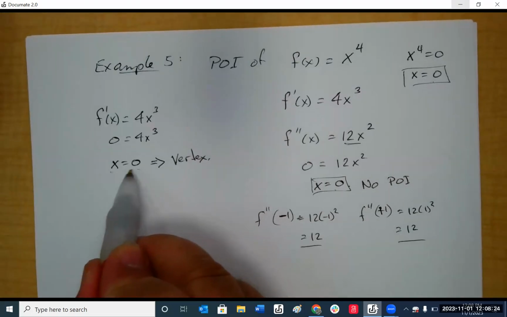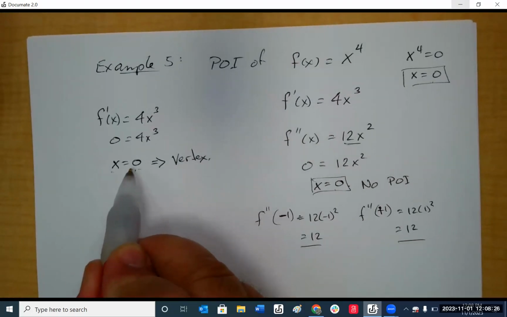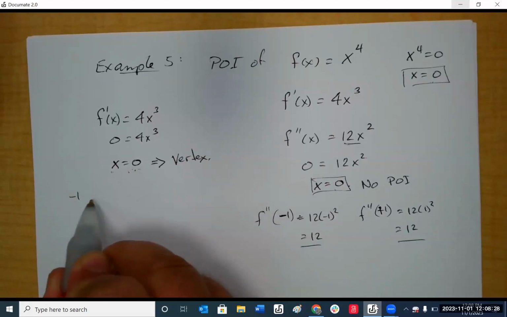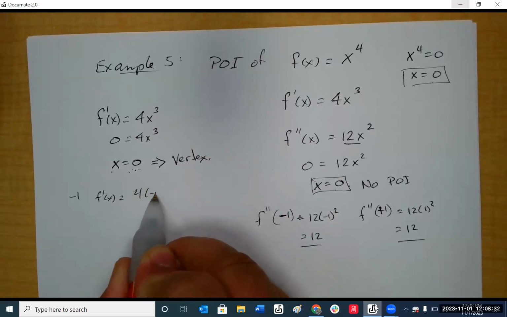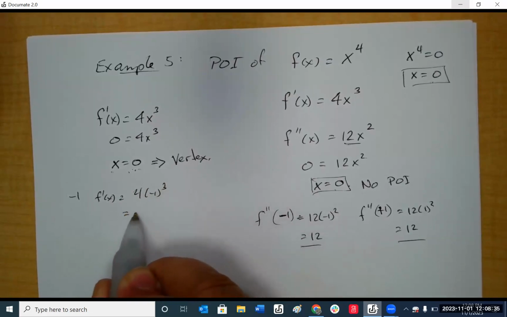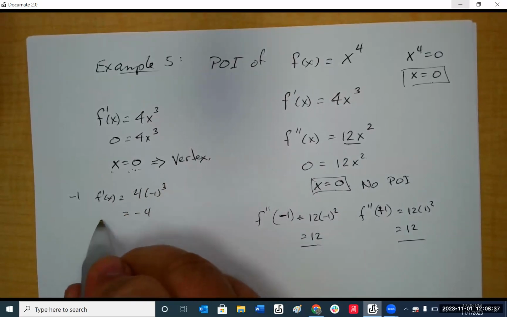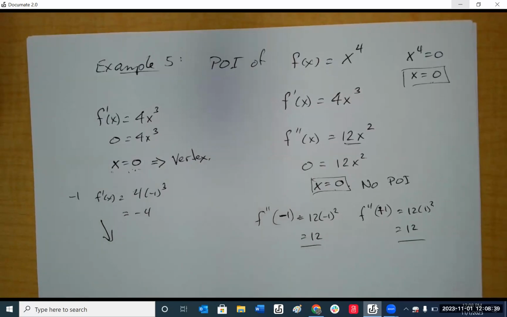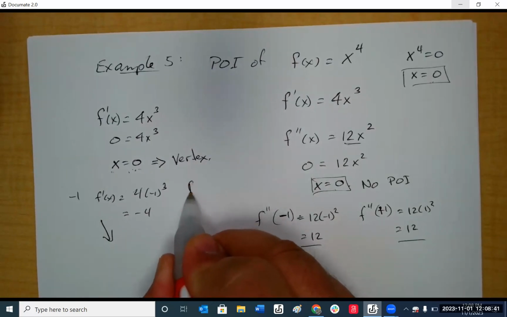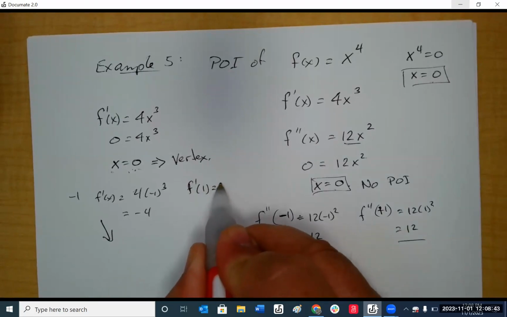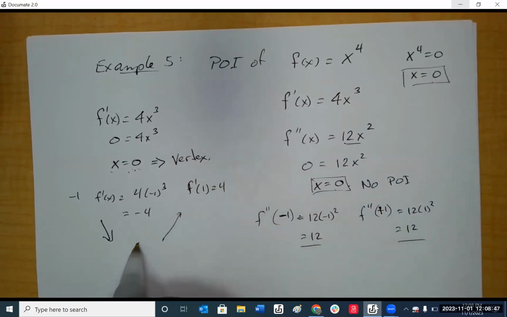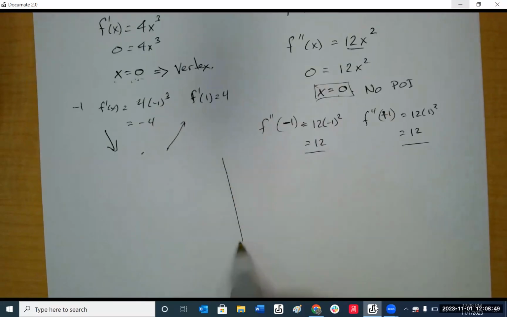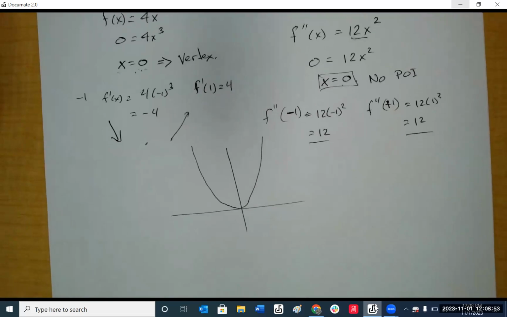And since our vertex occurs at 0, if we put a -1 in our first derivative, it'll be -4, which means it's a decreasing function. If we put a +1 in there, then we get a +4, which means increasing function. And at 0, our graph simply looks like that.